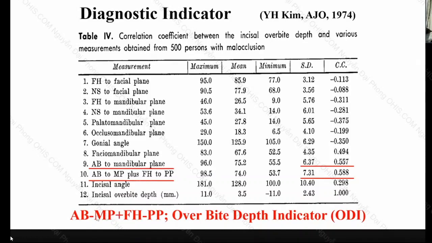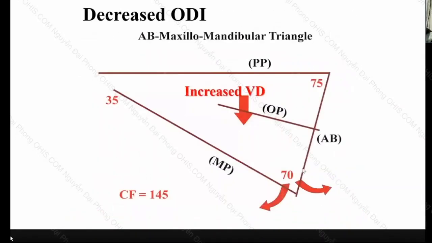Sorry, AB to MP is here. If the vertical dimension of the molar area increases, then the mandible adapts by rotation and comes to a little more forward position.